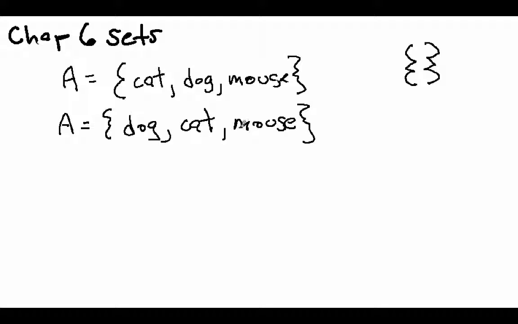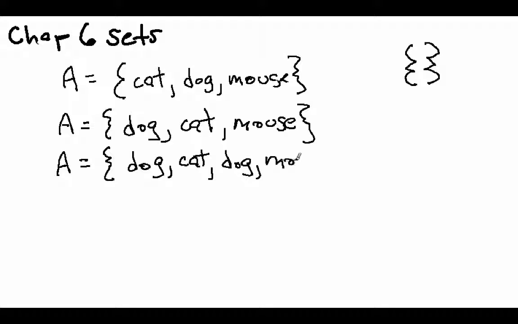The other thing that we can say about sets is that it doesn't matter how many times you repeat elements within the set. So if I were to come over here and write this set over here, we notice that in this set we've repeated dog twice.